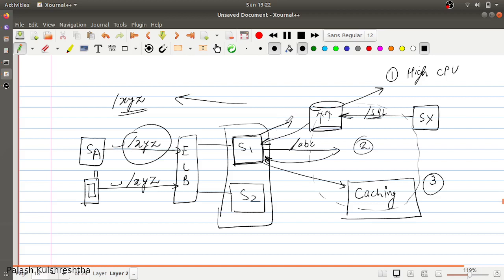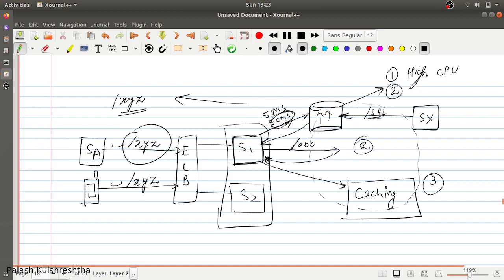For example, if the select statements or the update statements were, let's say, initially taking 5 milliseconds to complete, but due to high CPU, they are taking 50 milliseconds. They can be taking a much higher amount of time to complete those queries. So there can be high CPU.